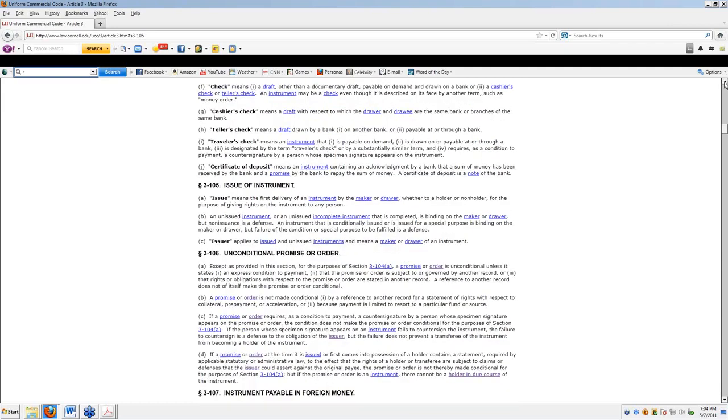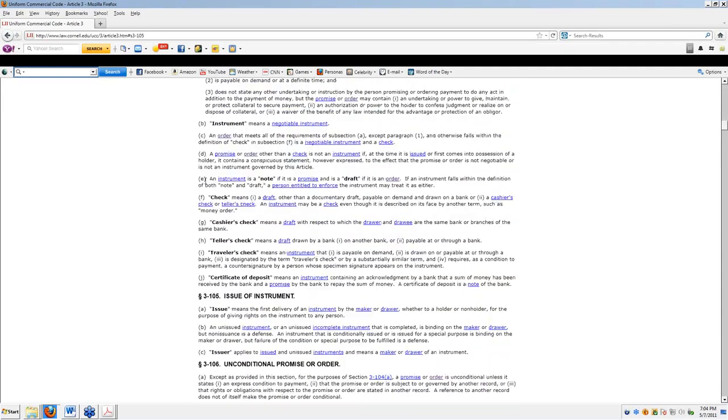Okay, what is this? Read this. An instrument is a note if it is a promise and is a draft if it is an order. If an instrument falls within the definition of both note and draft, a person entitled to enforce the instrument may treat it as either. Explain them.